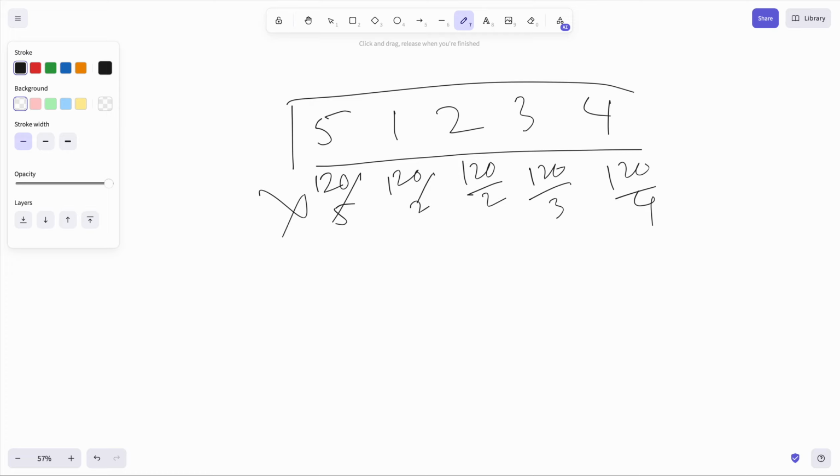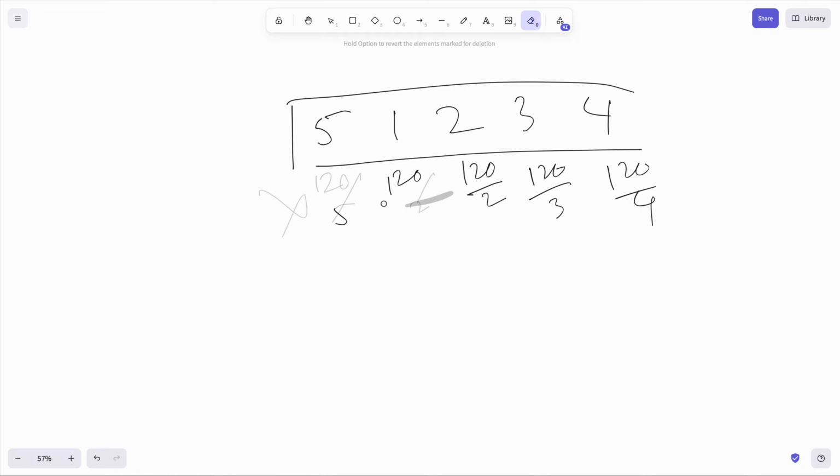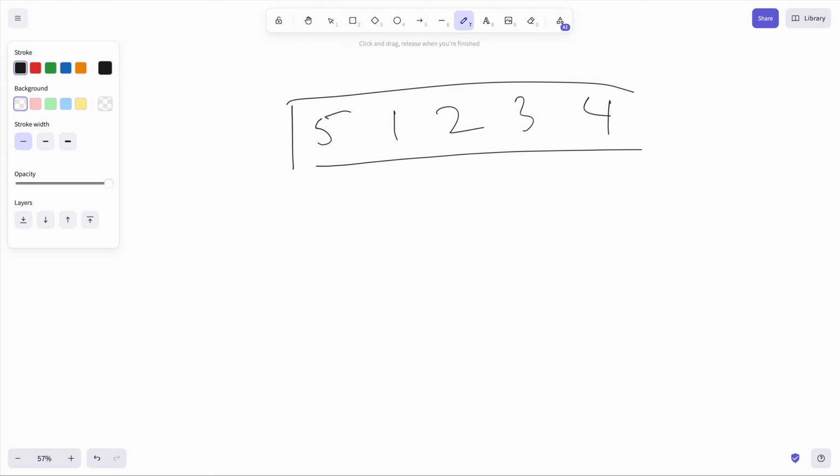So we need to find a clever way. How can you get the multiplication of all the values except self? Consider this example: 5, 1, 2, 3, 4. For the first value, the multiplication would be 1 times 2 times 3 times 4. For the second value, it would be 5 times 2 times 3 times 4.